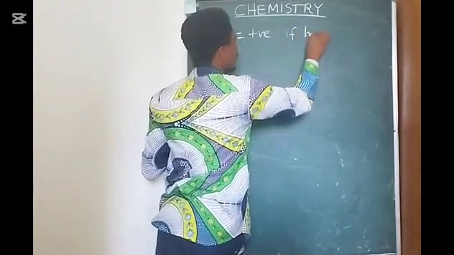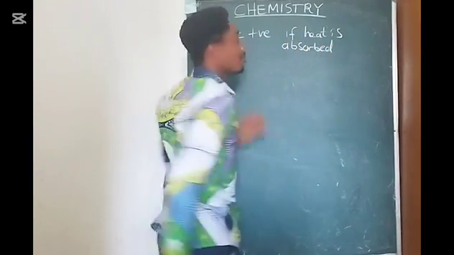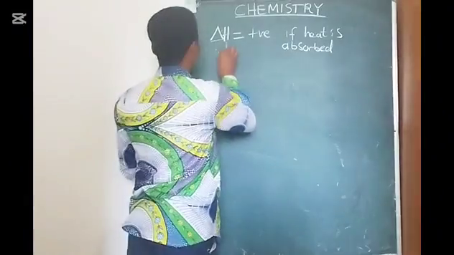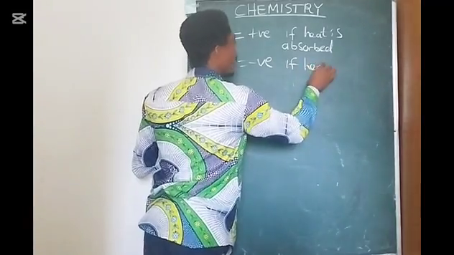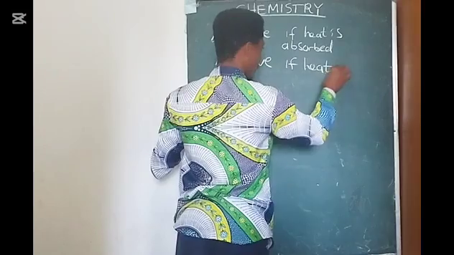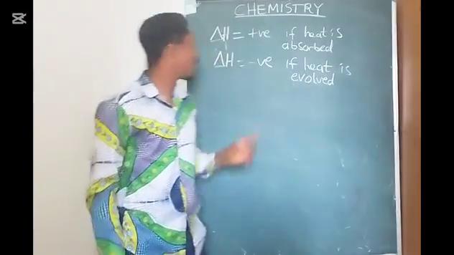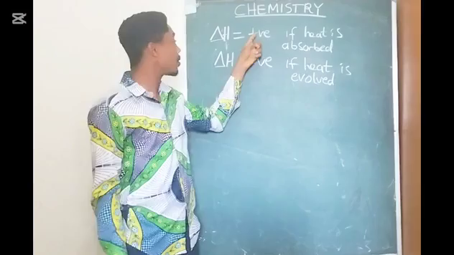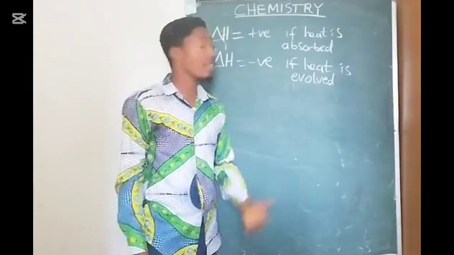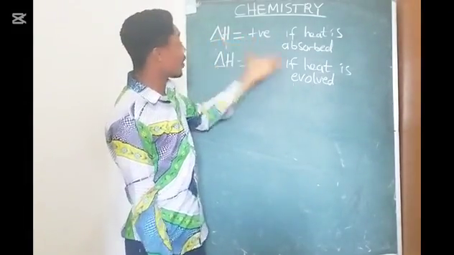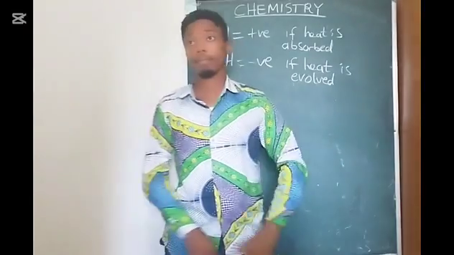If heat is absorbed, and delta H can also be negative if heat is evolved. Heat of reaction can be positive if heat is absorbed. Heat of reaction can be negative if it is evolved. Enthalpy change can be positive if heat is absorbed. Enthalpy change can be negative if it is evolved.